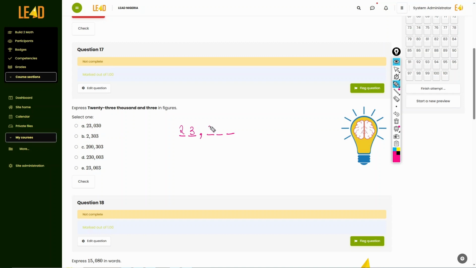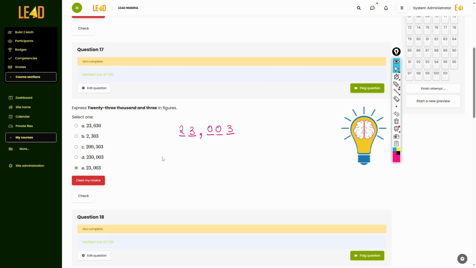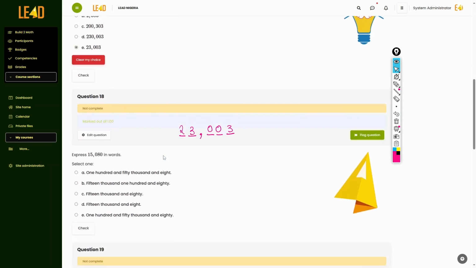So it's going to be 0, 0, 3. That's the way you write 23,003. Because we need just a value of 3 here, so it's going to be 3 units. So 23,003, that's option E.